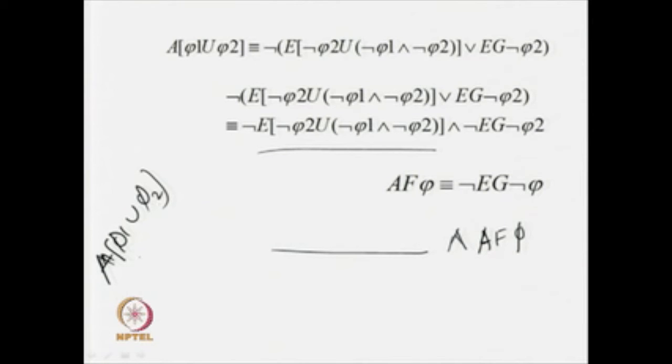So, we must get some future state in all paths where phi 2 is true. This particular condition is captured by this part, A F phi 2. Okay. And along with that, now we are saying that in all preceding states phi 1 must be true. So, this second condition is captured by this other part. Okay. Now, we will see these things.